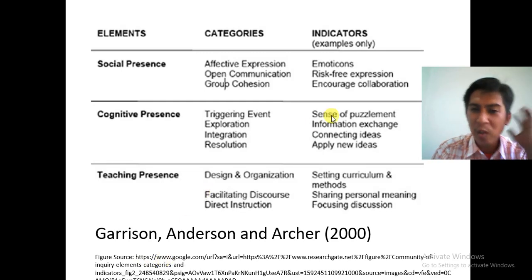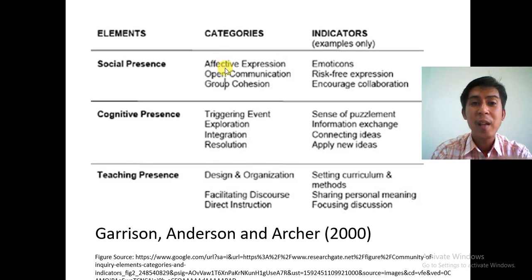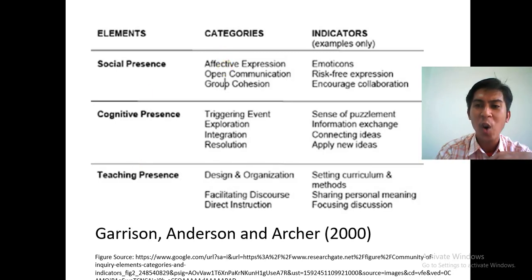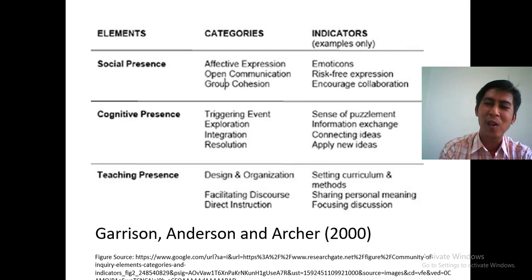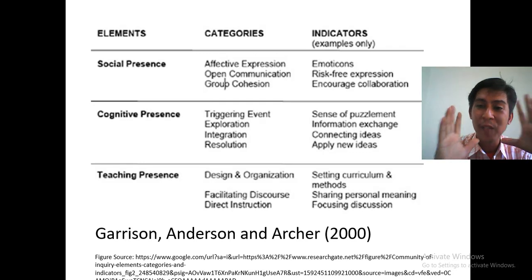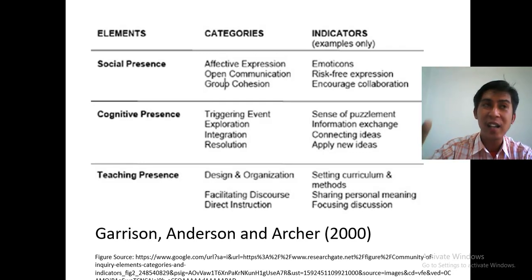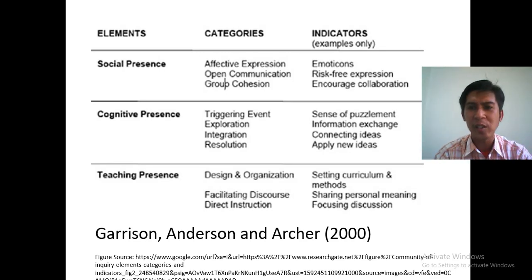I just lifted this one from the picture, but you can also access the material through this. Social presence means affective expression. Online, it's very lonely. You're alone behind the computer, but if the design is integrating open communication between the teacher and the students and the classmates, affective expression, open communication, risk-free expression, it encourages collaboration.